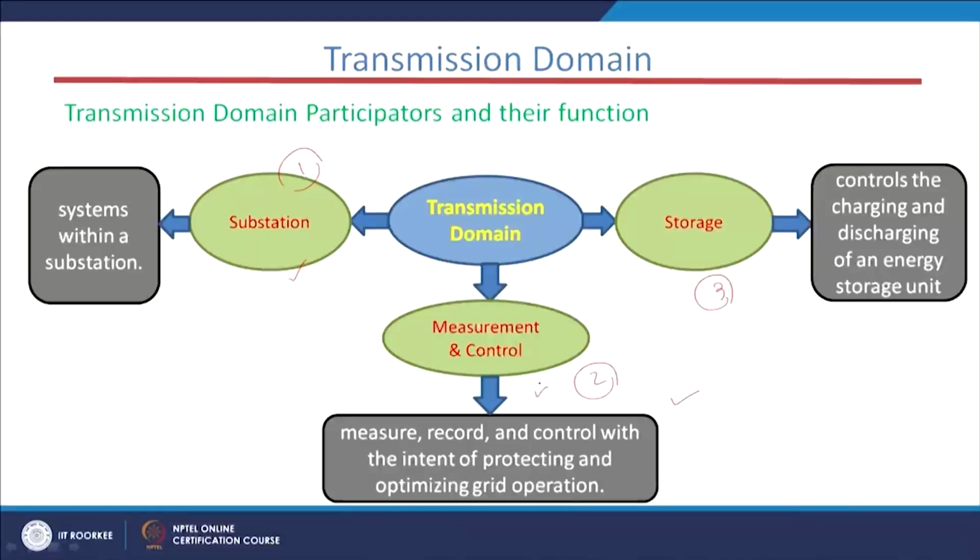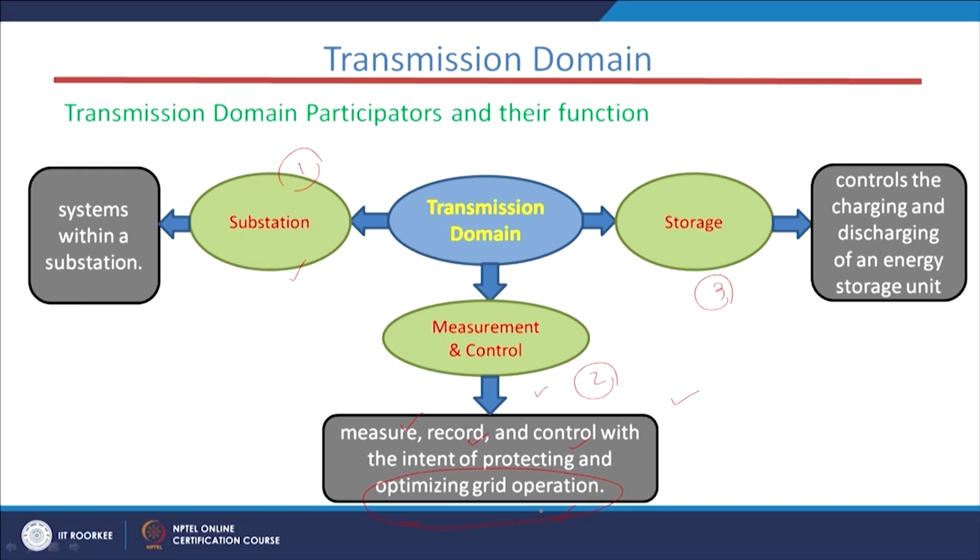Coming to the measurement and control section of this transmission domain, it basically measures, records and controls with the intent of protecting and optimizing grid operation. This optimizing of grid operation is very important. Our main aim is to optimize the operation of the smart grid.